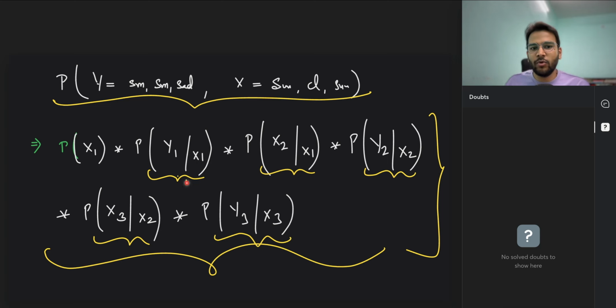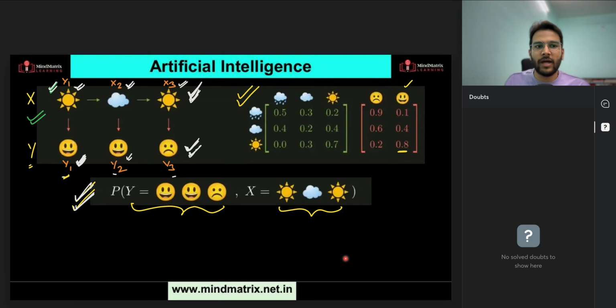So we know this value, we know this value, all these values. So what about this value? Probability of x1. That means probability of weather is sunny. Can anybody tell me how we can find out?